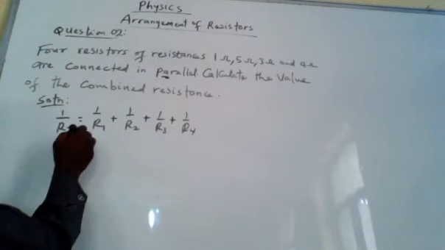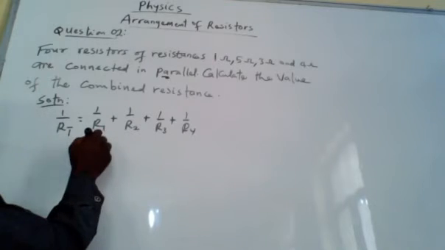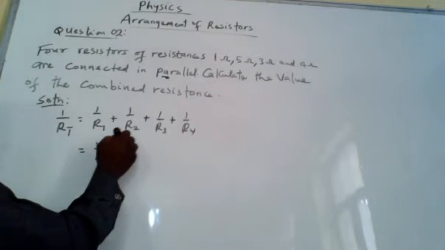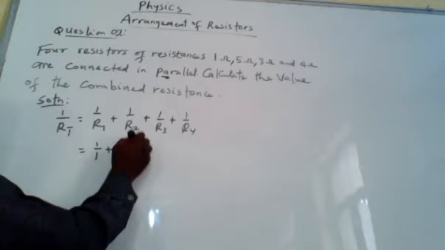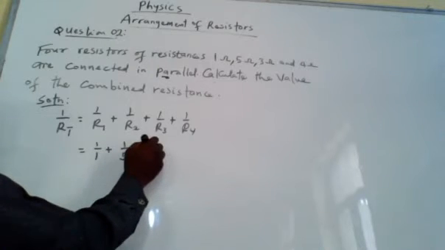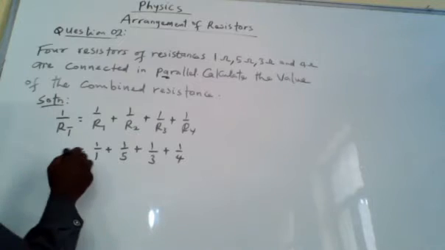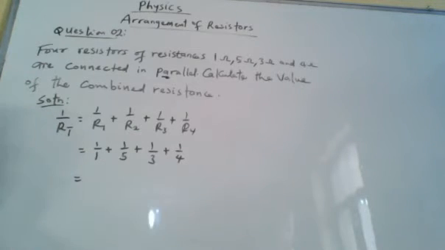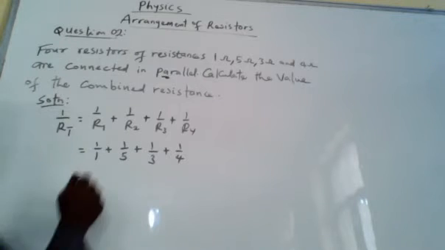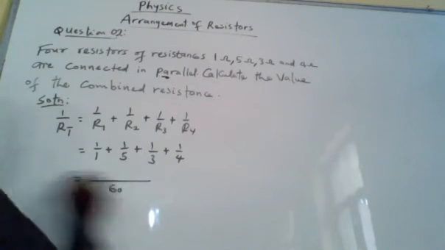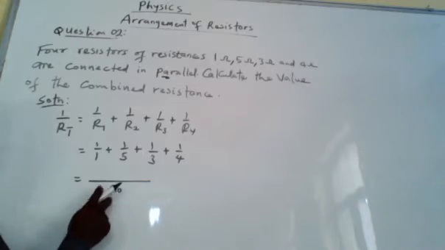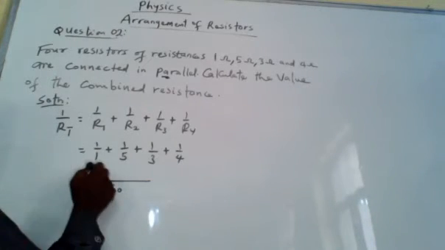And I have that 1 over R1 is 1, R2 is 5, R3 is 3, R4 is 4. So from here, I'm going to look for the LCM of 5, 3, and 4, and that should be 60. We're having 60 here. 1 in 60 is 60, 60 times 1, 60.